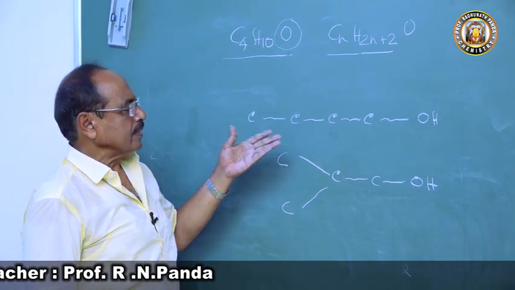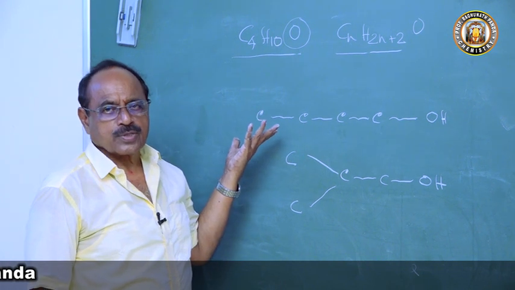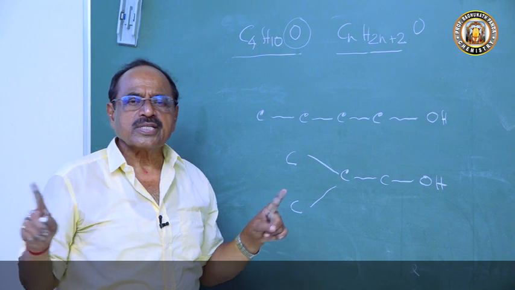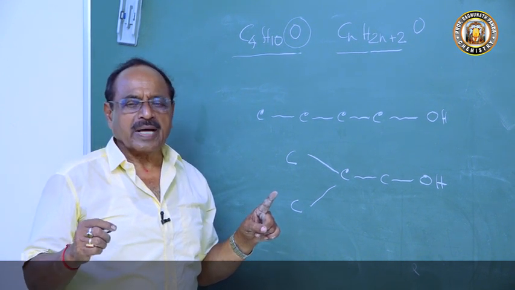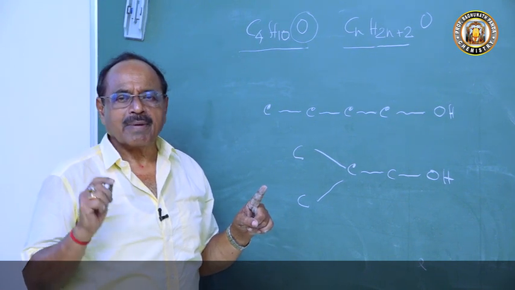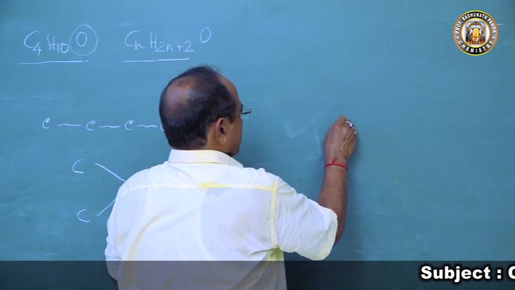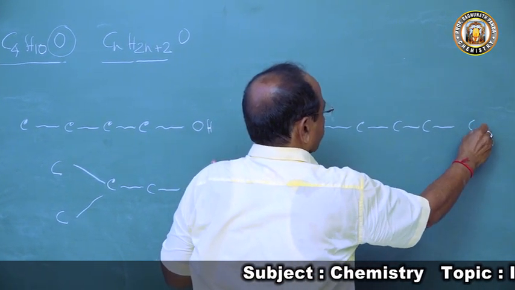Now saturate the tetravalence of carbon by hydrogen atoms. So while writing a structure, you have learned, write the carbon atoms in different possible carbon-carbon chain. Second, satisfy the tetravalence of carbon by hydrogen atom. Here one gone. So we'll have the structure for this C, C, C, OH.